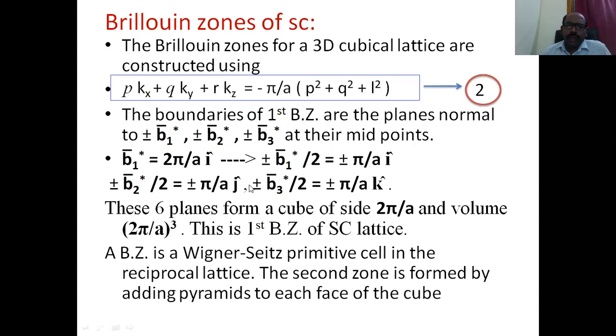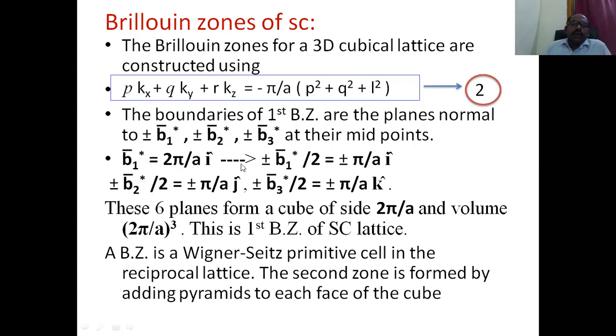In case of simple cubic, the direct lattice vectors are a1 bar equal to a i cap, a2 bar equal to a j cap, and a3 bar equal to a k cap. The corresponding basis vectors in reciprocal lattice are b1 star equal to 2 pi by a i cap, and so on for b2 and b3.